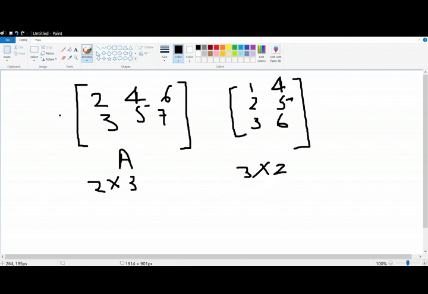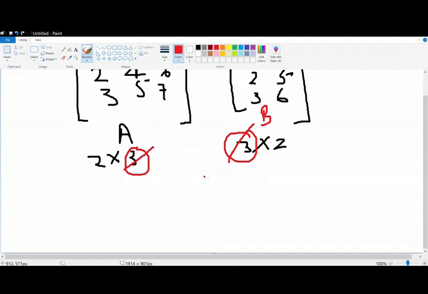Can we multiply these matrices? Yes, because the number of columns of A equals the number of rows of B, so we can easily multiply these two matrices.